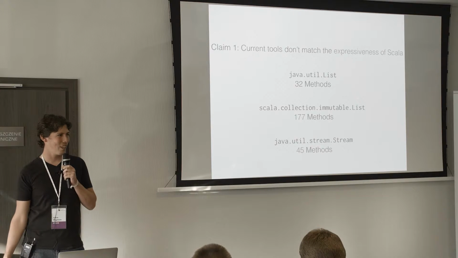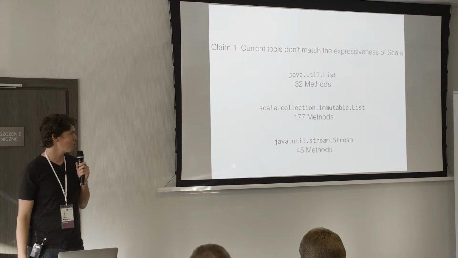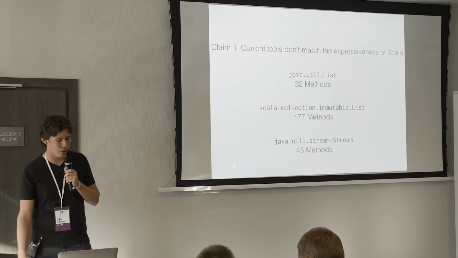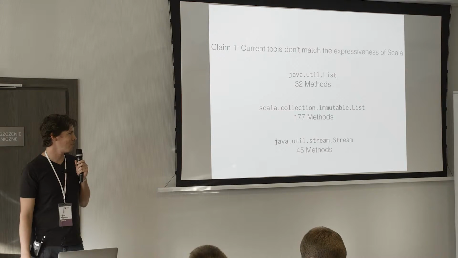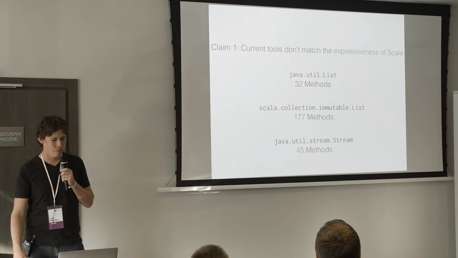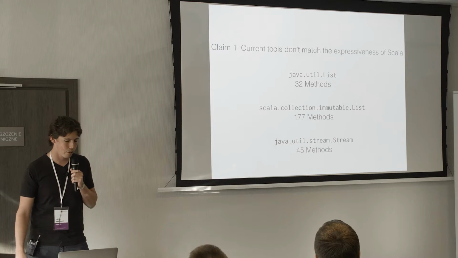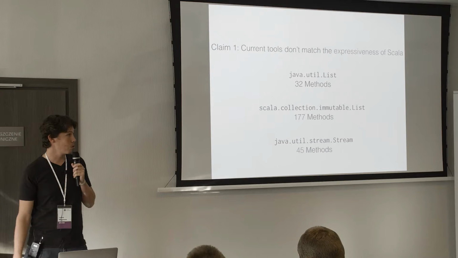Also, maybe there's a library that defines more list functions, and you don't know about them. This problem also starts to become bigger in Java with the immutable streams. So there's an additional 45 methods that can be used on list.